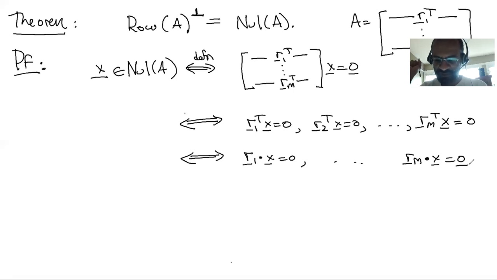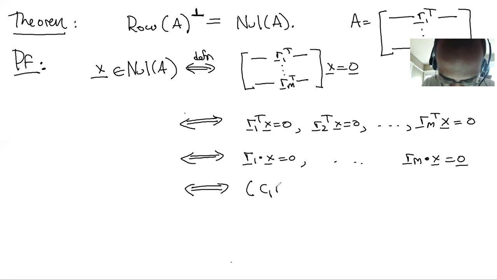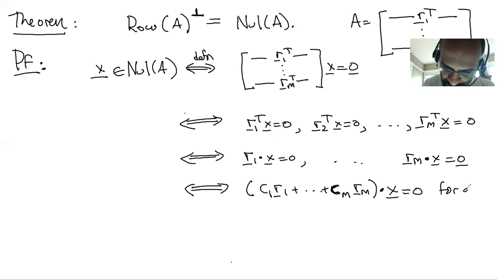And now we do something a little bit interesting. We observe that if X is orthogonal to R1, R2, all the way to Rm, then it's orthogonal to every linear combination of them as well. This is the same as saying any linear combination of these vectors dot X is equal to 0 for all C1 through Cm.